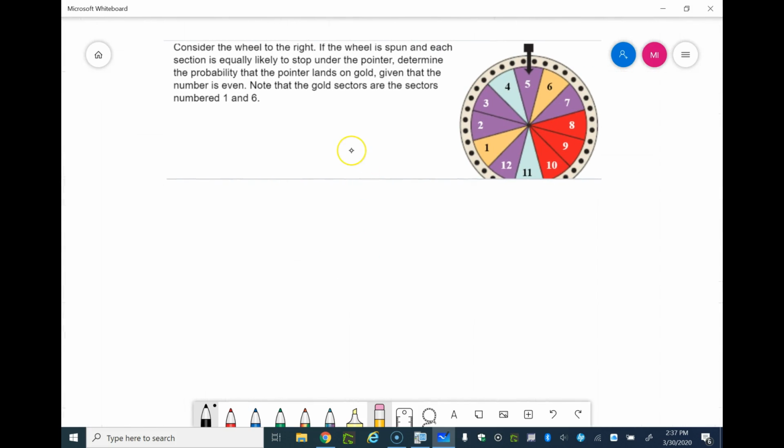Last one. I'm looking for the probability that it lands on a gold, given that the number is even. So I need both. It needs to be gold and it needs to be even. How many gold do we see? We see 1 gold here and 1 gold here, but the only one that's an even number is this one. So the top one should just be 1.